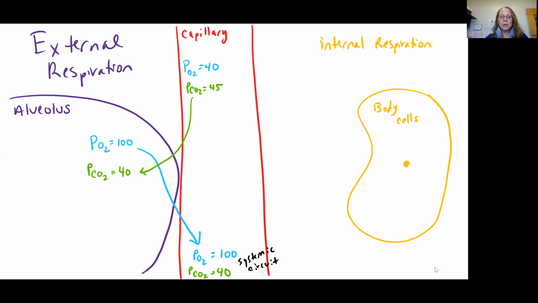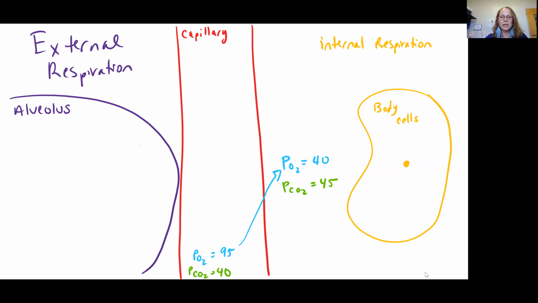So as our blood is getting ready to go through the systemic circuit, the oxygen initially has a partial pressure of 100 and the CO2 of 40. As the blood moves through the conducting portion of the lungs, we deliver some of that oxygen.